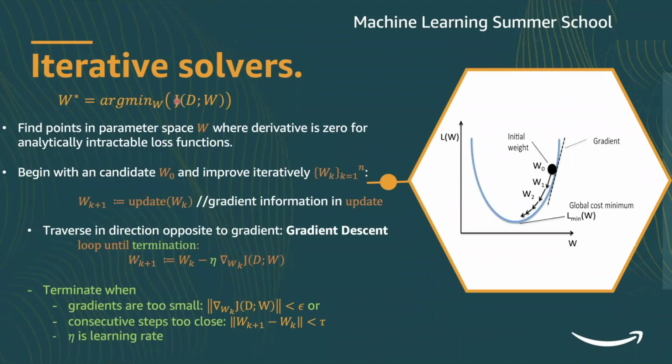Let's squash the whole term inside the parenthesis into an objective function J. It's a function of the data and the parameters, but the optimization happens only on the parameters w. The trick that they use here is they start with some estimate of the parameter w0 and then move in a direction where the value of the objective function J goes down.